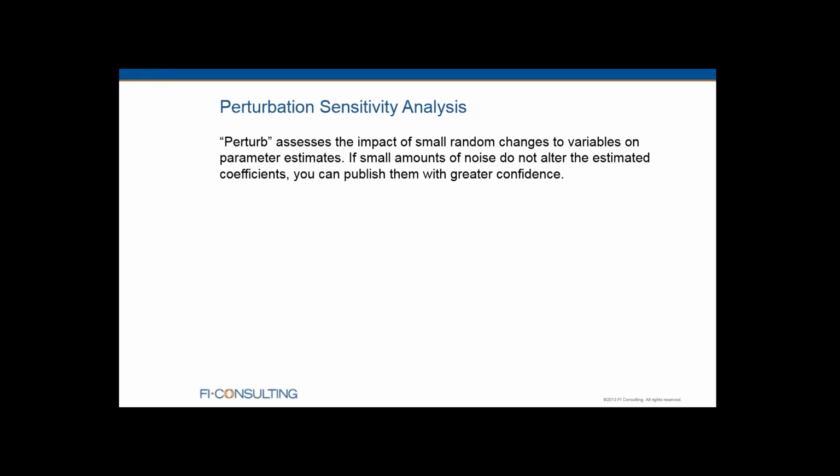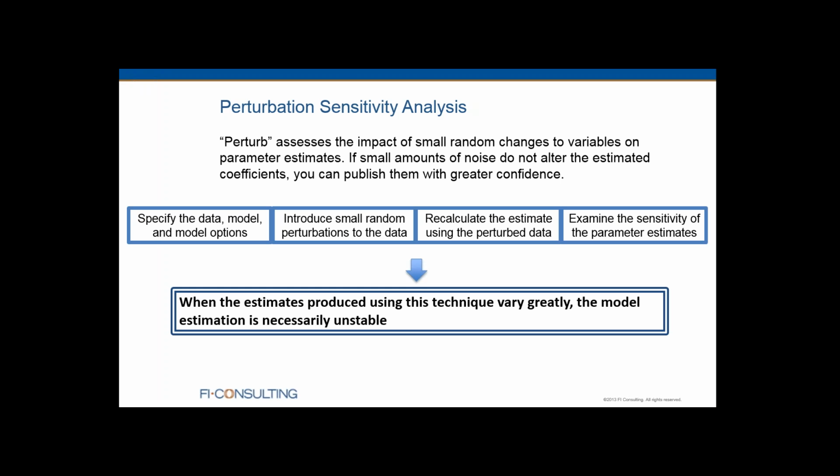Okay, so now we move to our next test, which is perturbation sensitivity analysis. And remember, this is when we introduce small random changes to the data and then recalculate the estimate. The step-by-step approach is to specify the data, the model, and then all the corresponding probability distribution functions.